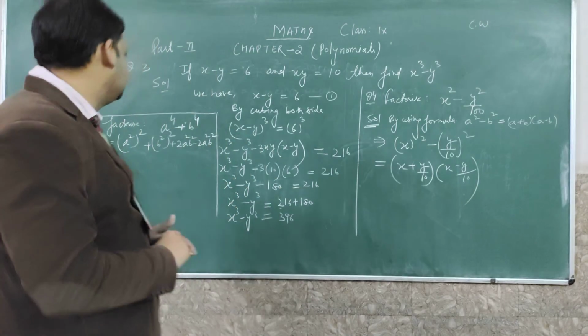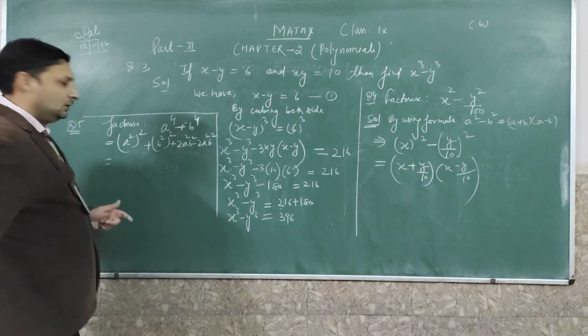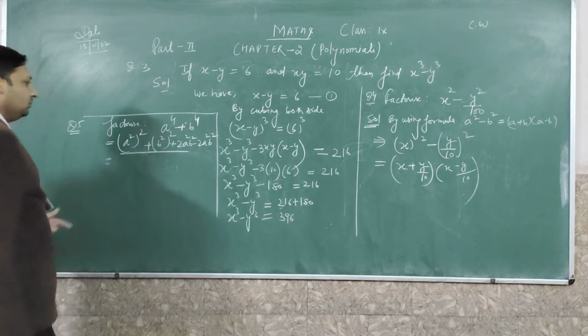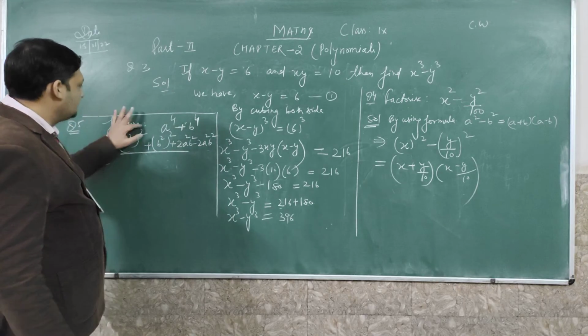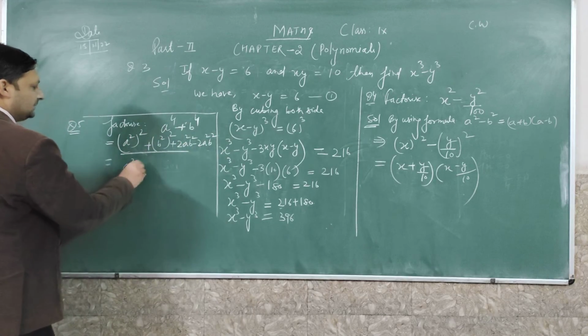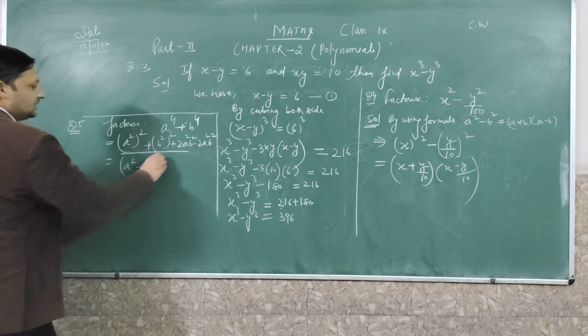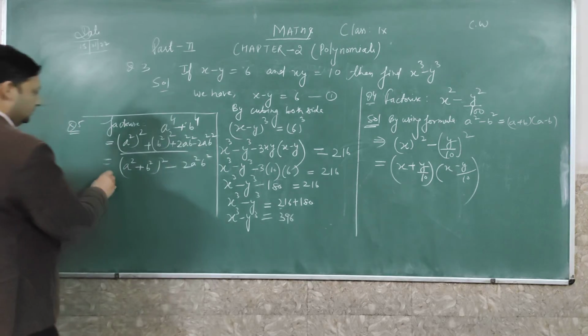Now see, these three terms are making a formula, a square plus b square plus 2ab, that is a plus b whole square, minus the same 2a square b square.